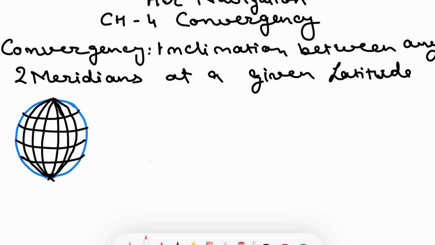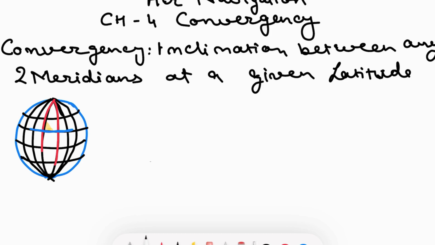For an example, we take two longitudes, this longitude and this longitude, and one latitude, this one. So the angle between this longitude and the latitude, which is this angle shown in yellow, is called the convergency. Convergency between two meridians at that latitude.